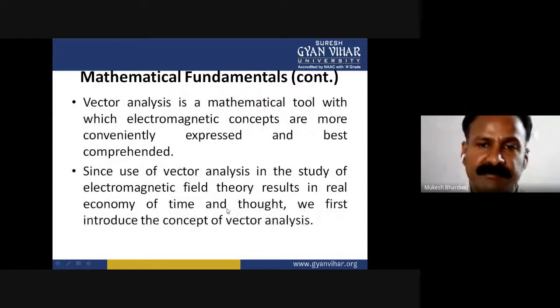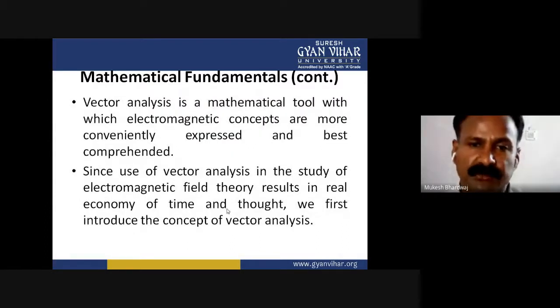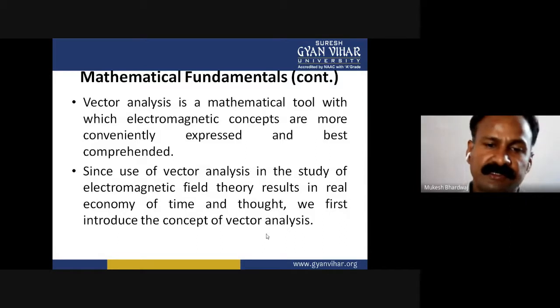Vector analysis is a mathematical tool with which electromagnetic concepts are more conveniently expressed and best comprehended. Since use of vector analysis in the study of electromagnetic field theory results in real economy of time and thought, we first introduce the concept of vector analysis.